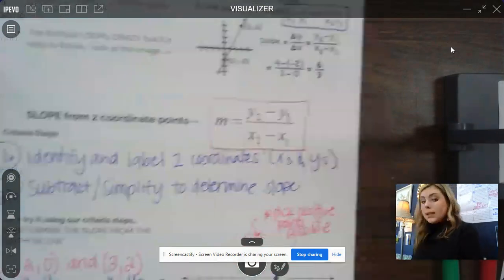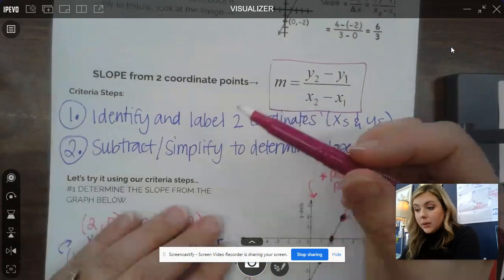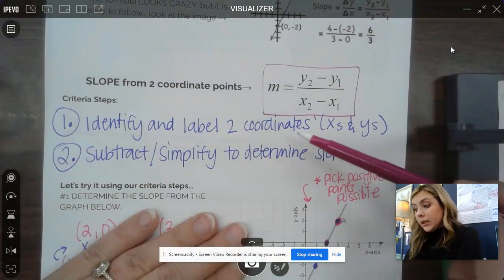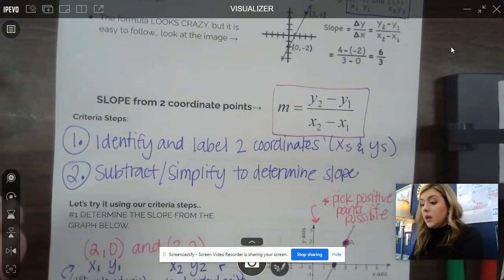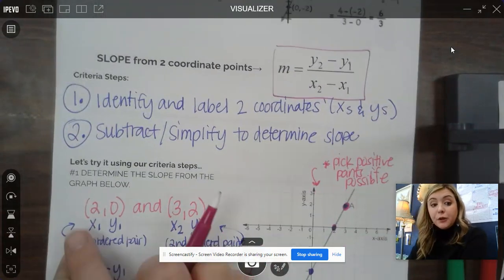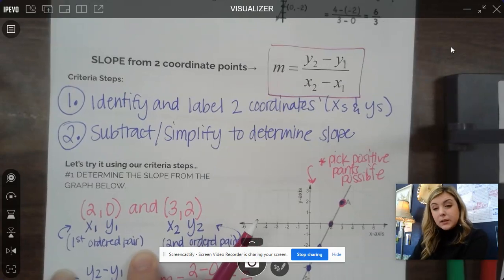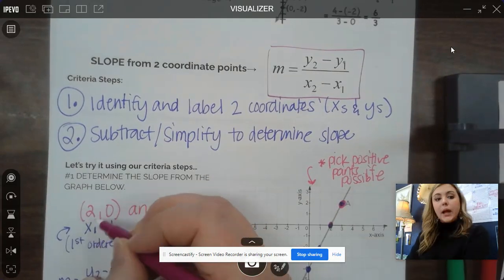Okay, so our criteria steps right here, and you can obviously pause and write this, are going to be to identify and label the two coordinates, x and y's, and I'm about to show you what that looks like, because all of these are going to be where I give you two coordinates. This is the first ordered pair right here. Since this is the first ordered pair that I'm trying to use, I literally called this x1 and y1.